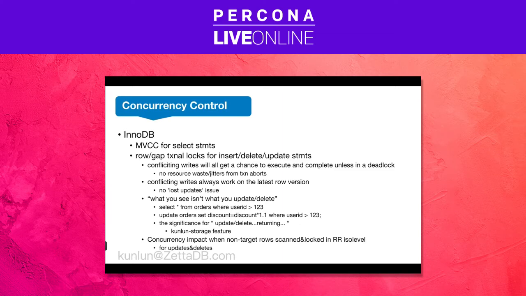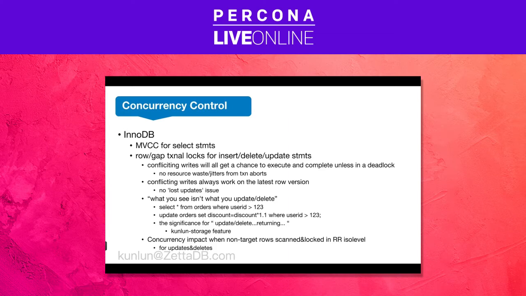The reason is that select uses MVCC, which does snapshot isolation, but update uses row locks, so it may update some rows that were not in the same snapshot as used by the select statements. This issue shows the significance of the update or delete returning statement, which is a feature that Kunlun storage has.